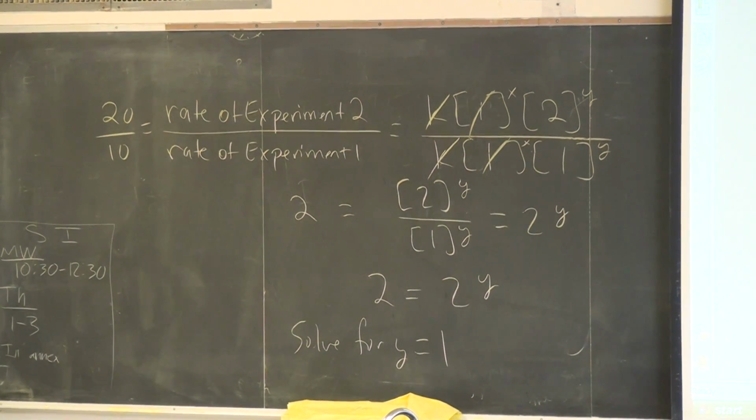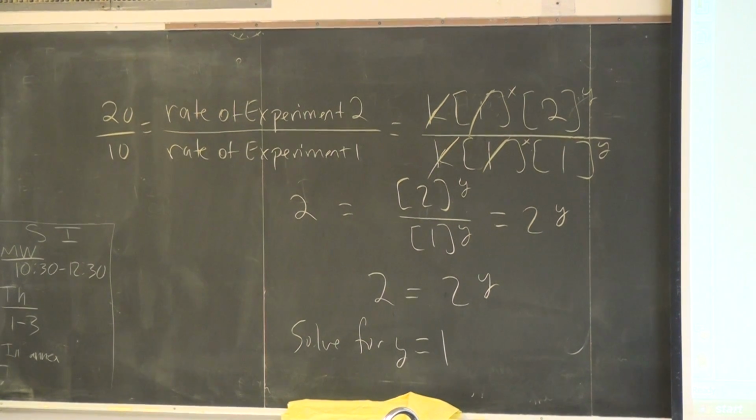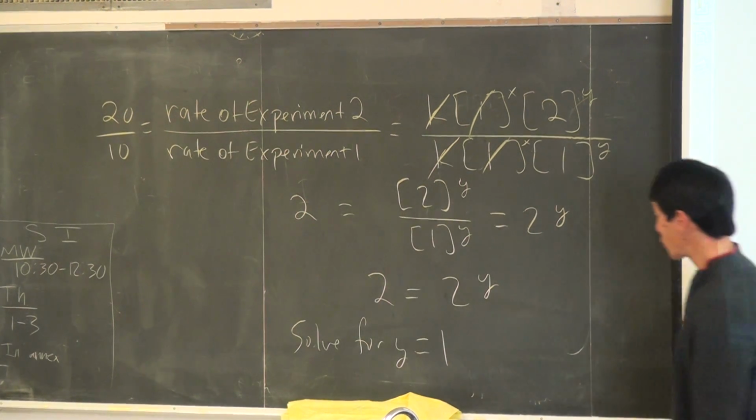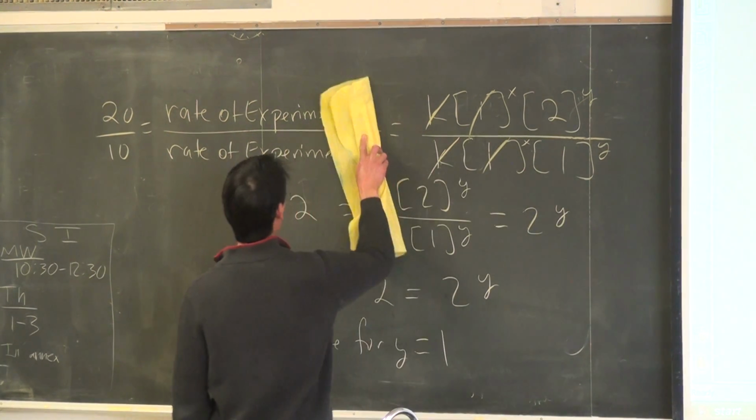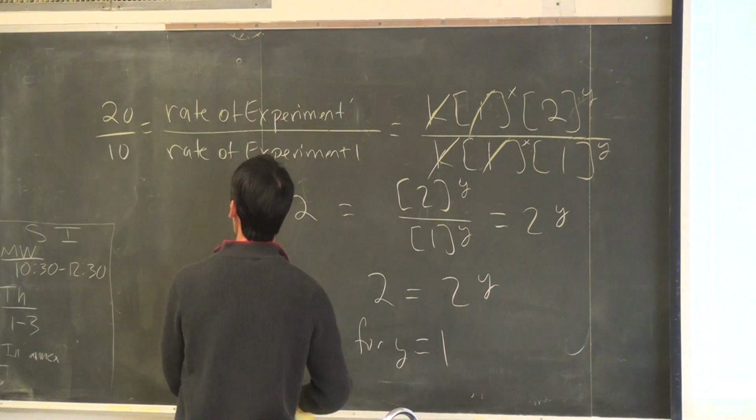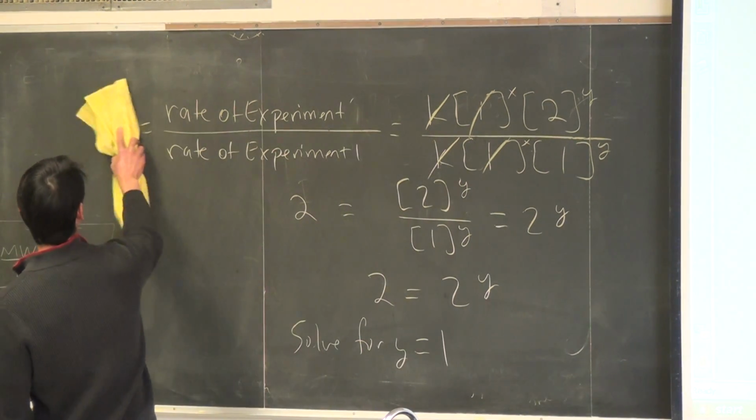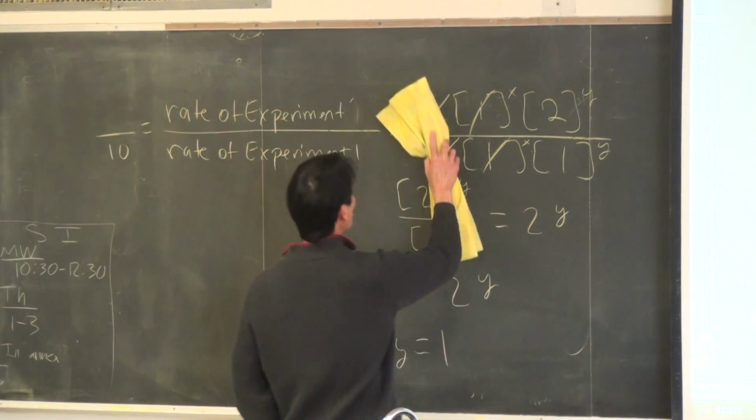To figure out x, which experiments do you want to compare? 1 and 3. Okay, so let's compare experiments 1 and 3. Let's make some changes here, erase these numbers, and start this one again.